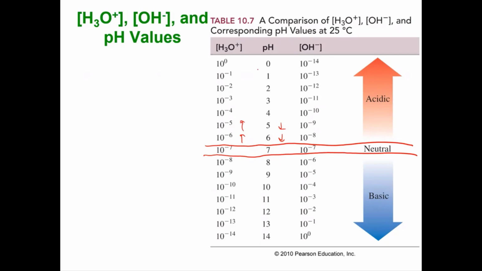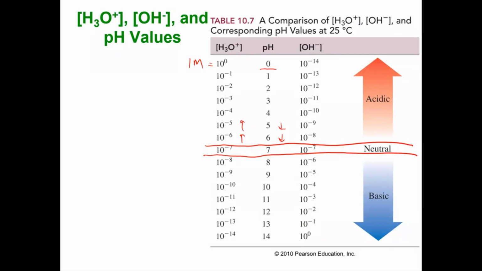Now at pH 0, we see that the exponent is no longer a negative integer. It's a 0. And 10 to the 0 is 1. And basically your hydronium concentration is 1 molar.